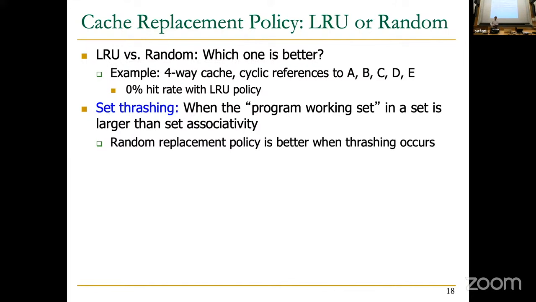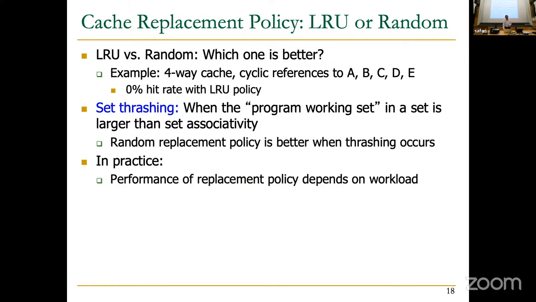When thrashing occurs, you can actually detect the situation with simple mechanisms. You can detect whether you're getting a 0% hit rate, and you can switch to random replacement policy. That's one of the things that we have evaluated many times, and we've shown that that's a better idea than just keeping on having 0% hit rate. In practice, performance of a replacement policy very much depends on the access pattern.